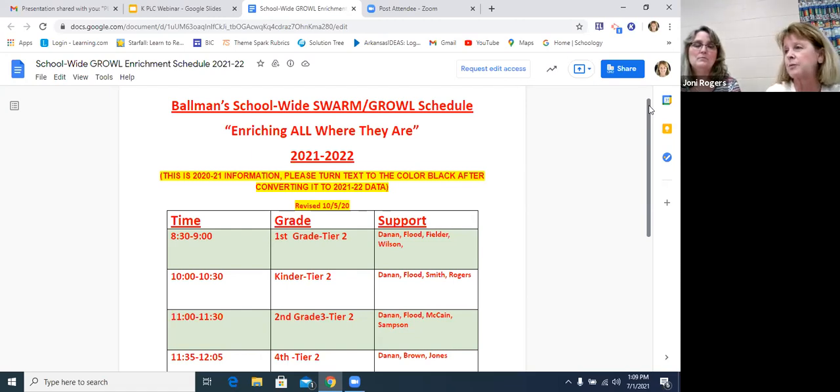Or we might have a group where one of us is providing enrichment and one of us is doing the intervention. This is the schedule we had last year. When this year gets started and we get all of our schedules in for lunch, recess, and those special classes for pull-out, then we'll be able to create our new schedule for swarm.